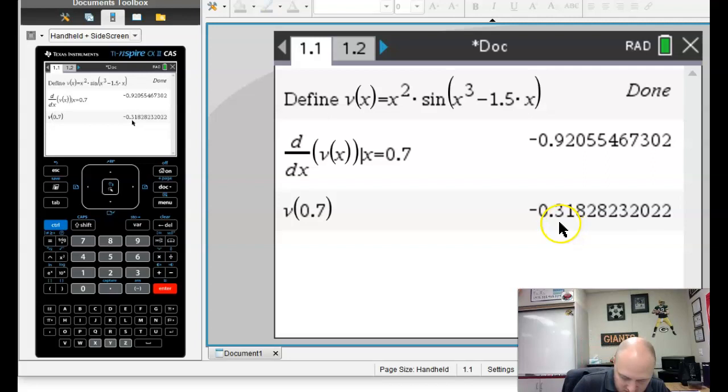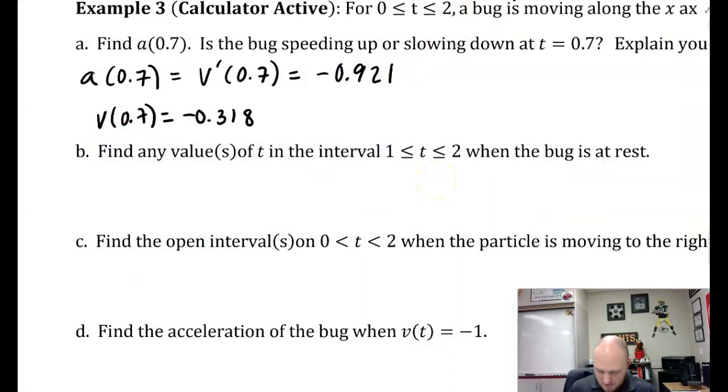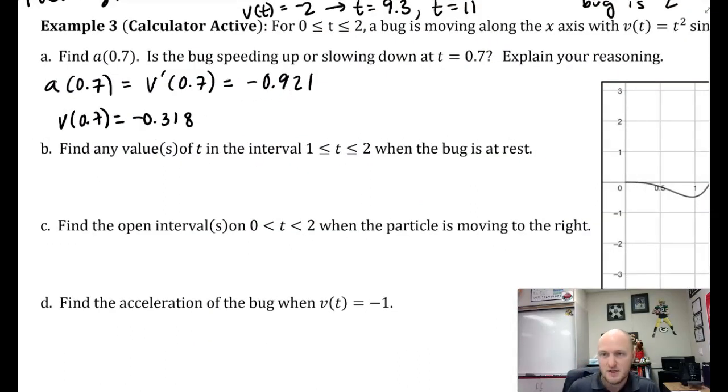V of 0.7 is equal to negative 0.318. Both of those values are negative, so that means that the bug is speeding up. Its velocity is going in a negative direction, and its acceleration is negative. Therefore, the bug is speeding up.